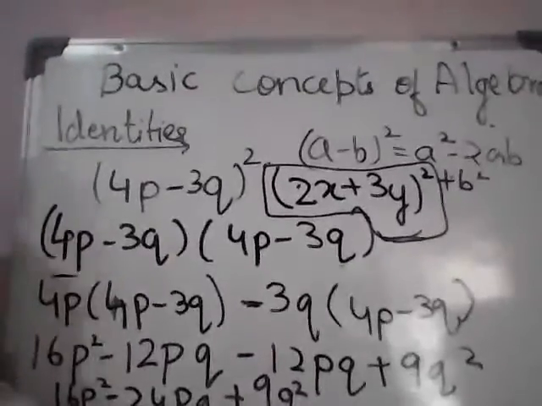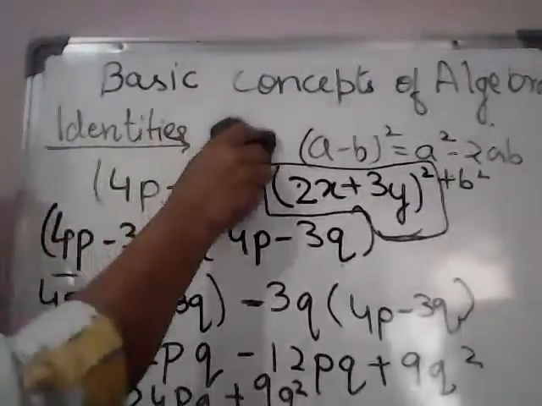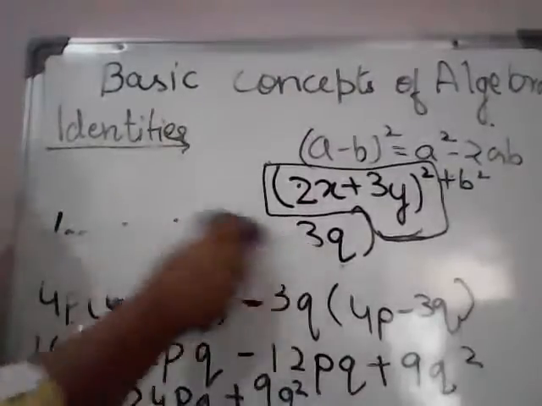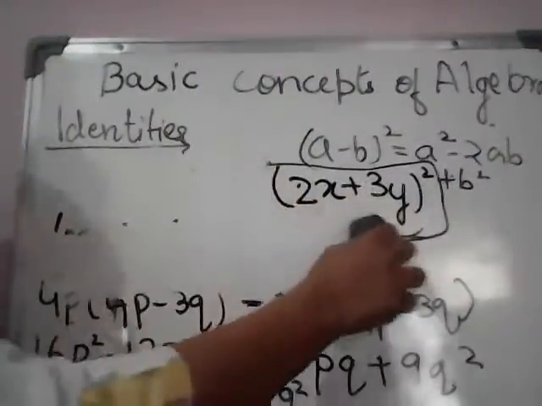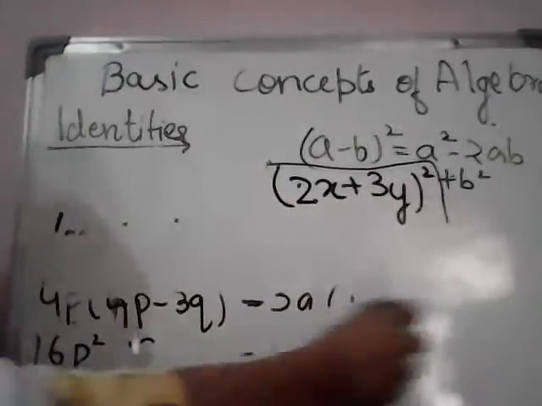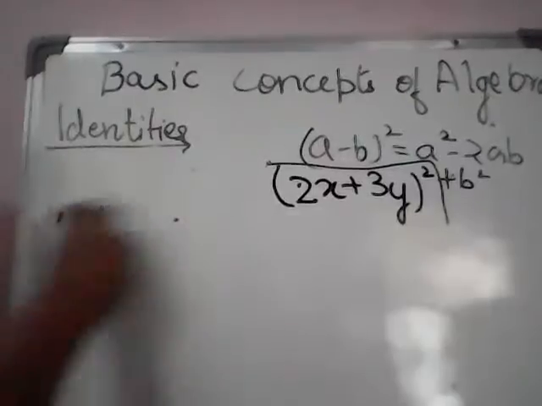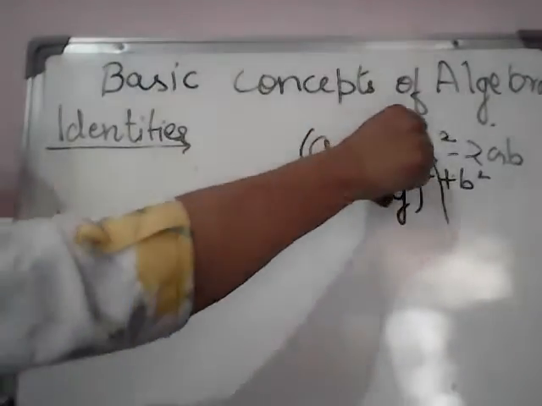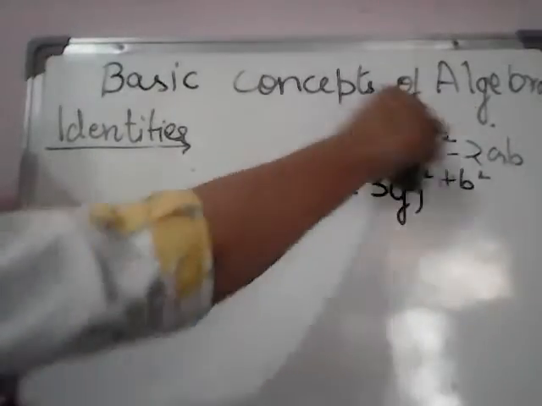Because I have not got an answer from anyone. Okay. This can be done both ways, simply by multiplying two expressions and by using identities.